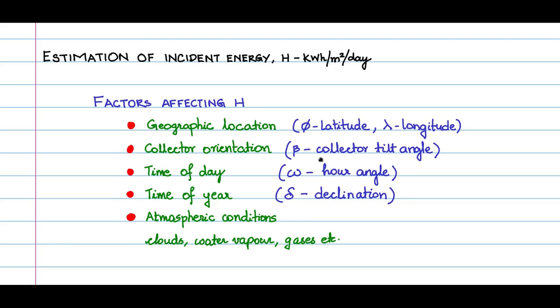Now, all these are not deterministic. On a given day, we don't know what is the condition and what is the effects. You have to take probably the statistical values for all these. This is represented by a variable called kt, and it is called clearness index. And this probably is the most difficult to estimate due to the uncertainties in the atmospheric conditions.